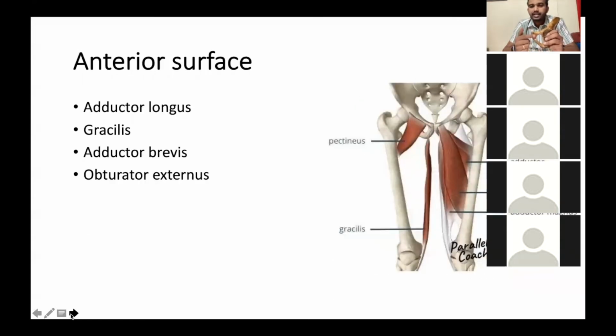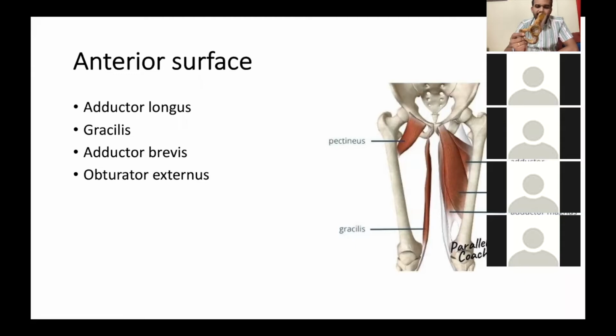The anterior surface of the body of the pubis gives origin to muscles like adductor longus, adductor brevis, gracilis, and obturator externus. Adductor longus takes origin from the anterior surface. Gracilis takes origin from the anterior surface.